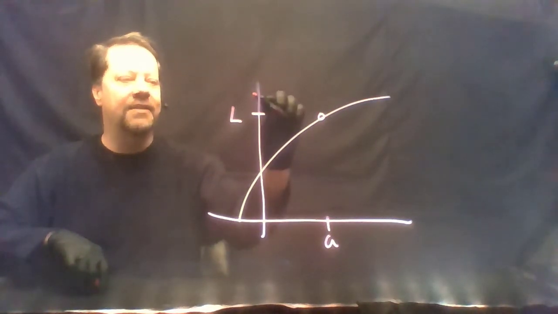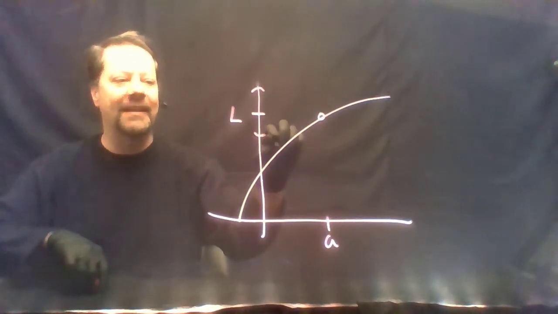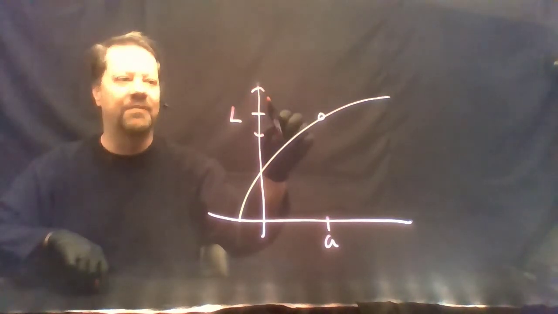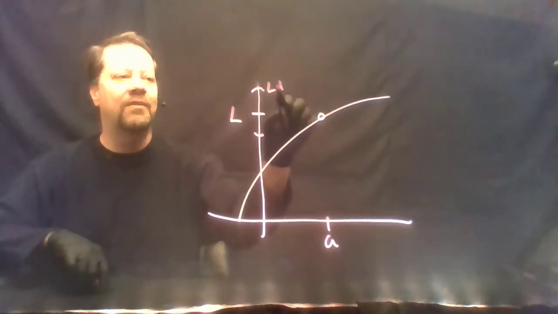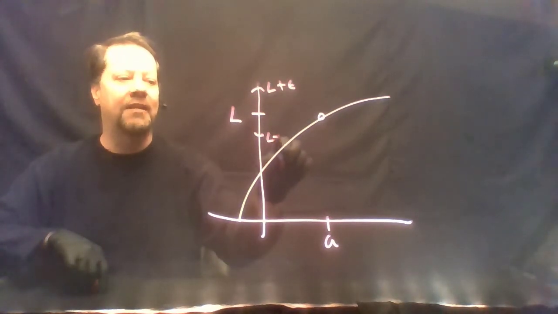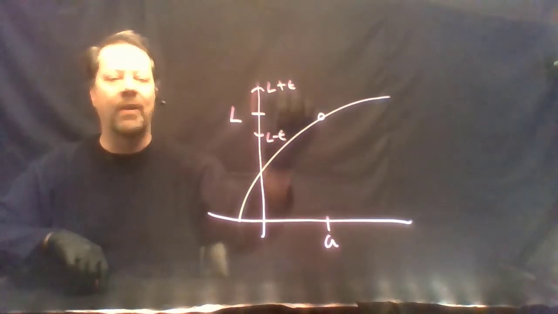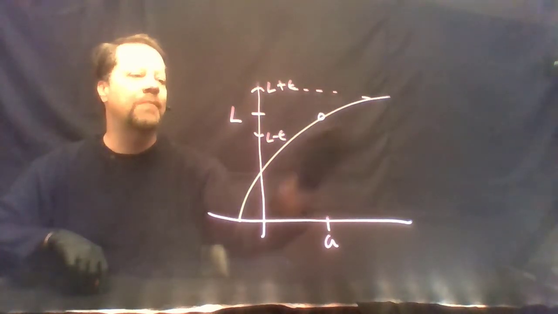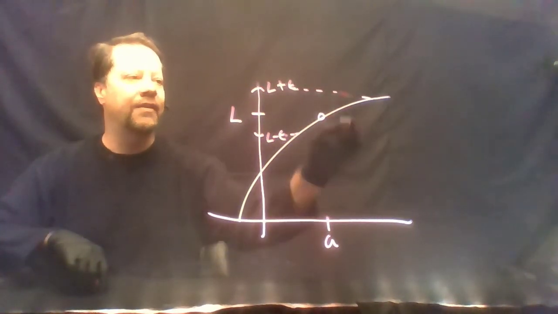The idea is if you choose some epsilon, I'm making it really big here, but epsilon is usually thought of as a small number. We'll have L plus epsilon and L minus epsilon as endpoints in the range. These correspond to points over here on the graph.